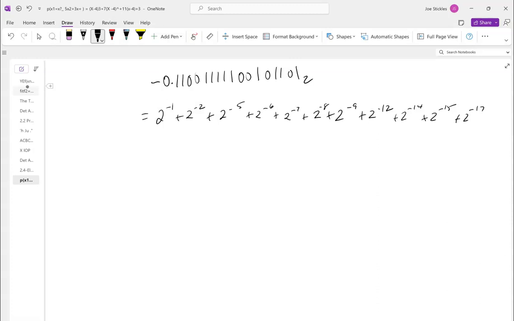And at that point, a calculator or computer can tell you what that is.